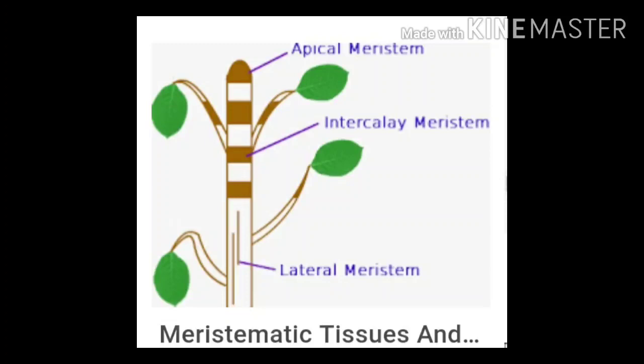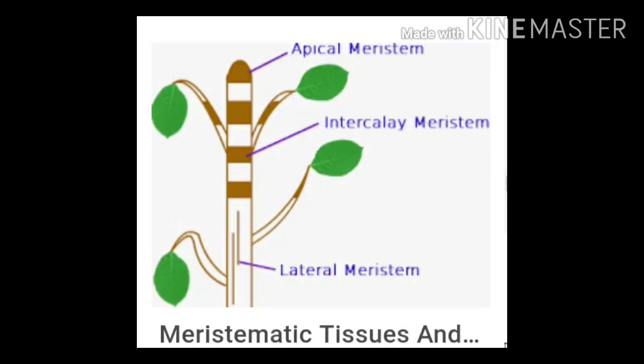And fifth, the cells actively divide to add new cells. Clear? So this all is about the meristematic tissues. So what you have studied in this: structure of meristematic tissues, function of meristematic tissues, location of meristematic tissues, and characteristics of meristematic tissues. Clear?